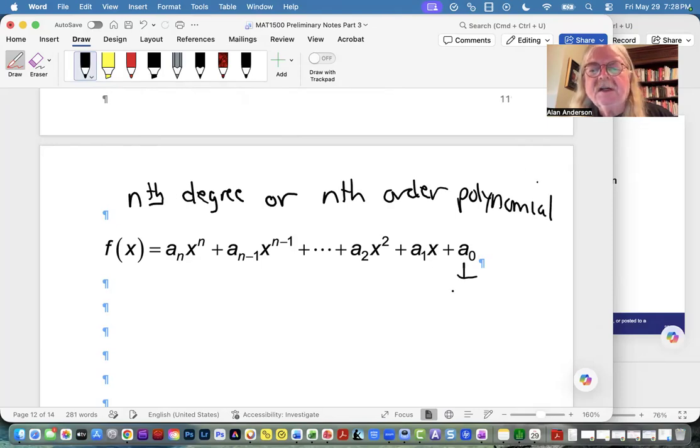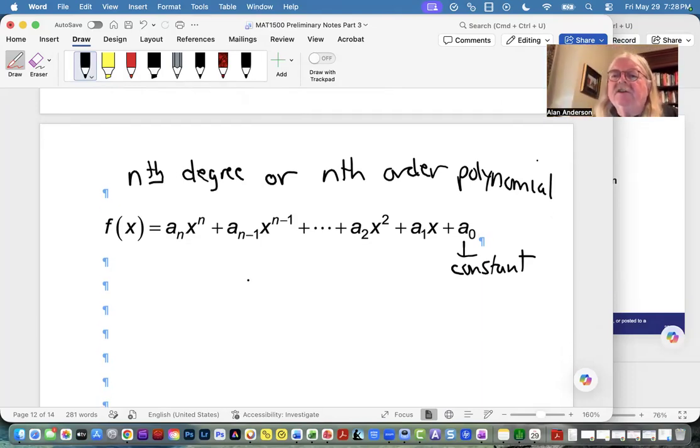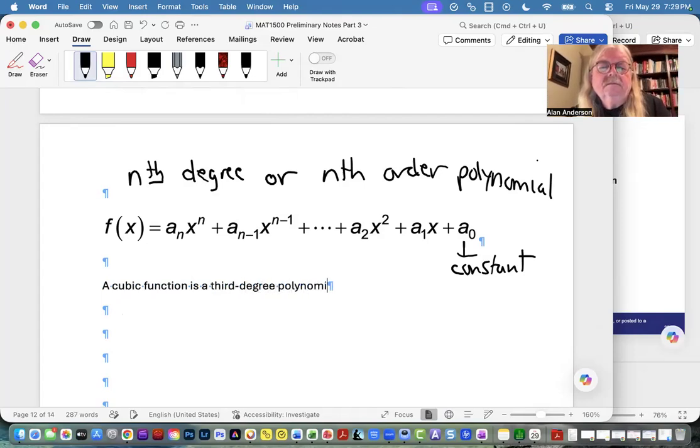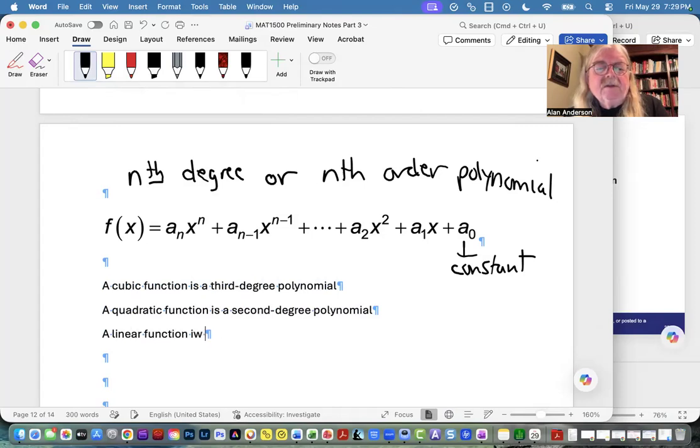And this term is a constant, by the way. And so you can see that a cubic function and a quadratic function are both special cases of this. So we could say that a cubic function is a third degree polynomial. A quadratic function is a second degree polynomial. And a linear function is a first degree polynomial.